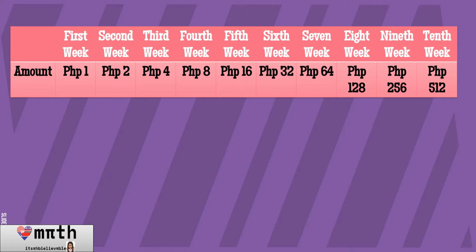Then, from the second week, we have 2 pesos being doubled up, that will be 4, since 2 times 2 is 4.